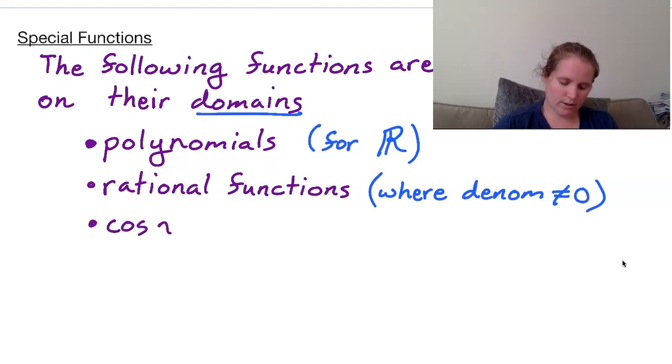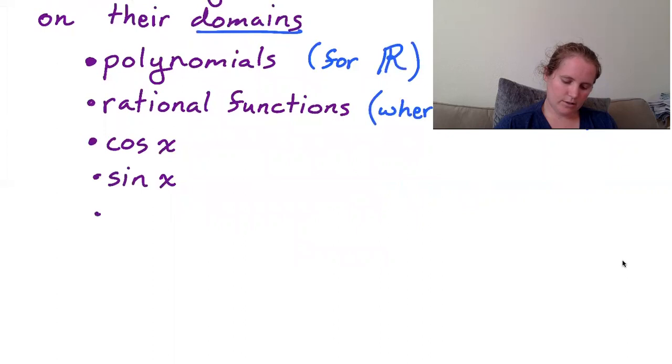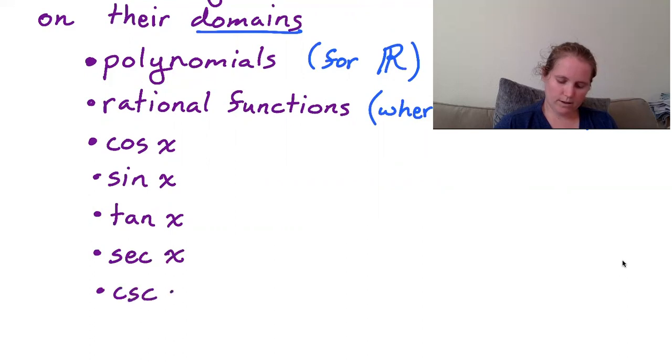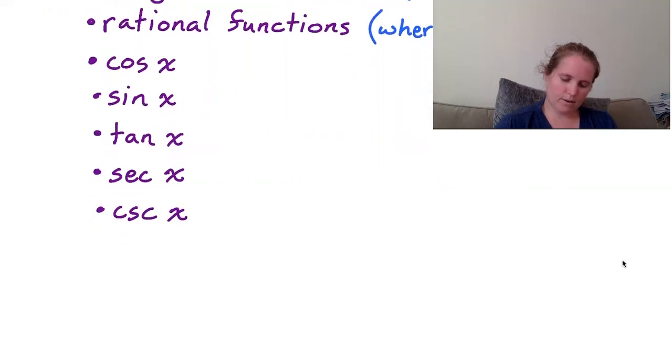So cosine x, sine x, tangent of x, secant x, cosecant x, and cotangent x are all continuous on their domains.